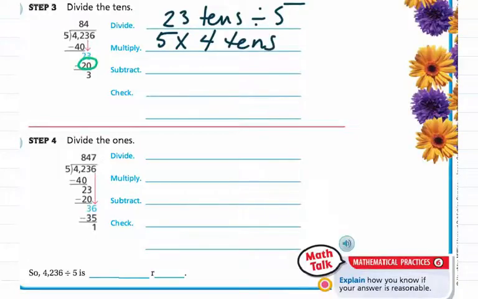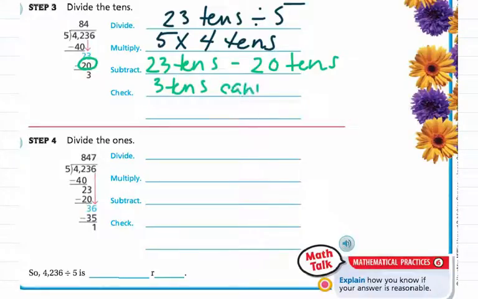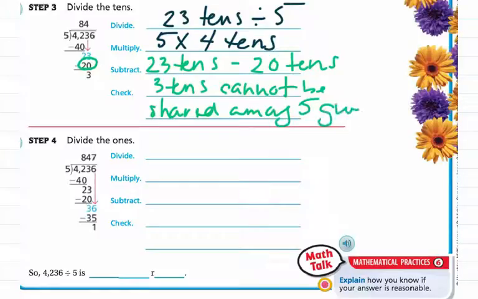Then we subtract 23 tens minus 20 tens, which is equal to 3 tens. Check. 3 tens cannot be shared among 5 groups without regrouping.